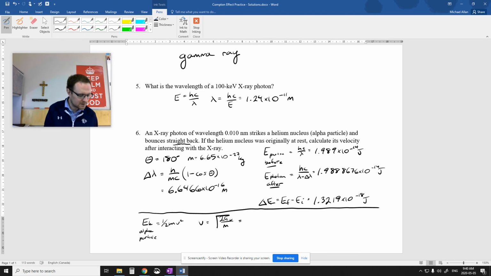What's the mass again? 6.65 e to the negative 27. And then take the square root. So I'm not going very fast, but fast enough. So 19,900, so about 10 to the 4 meters per second. There you go.